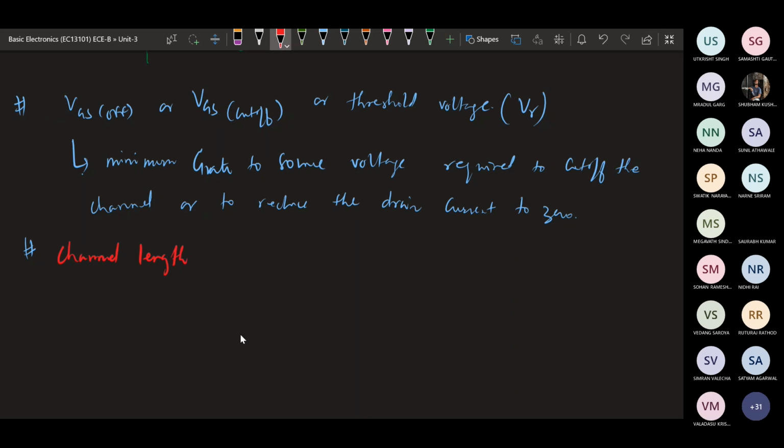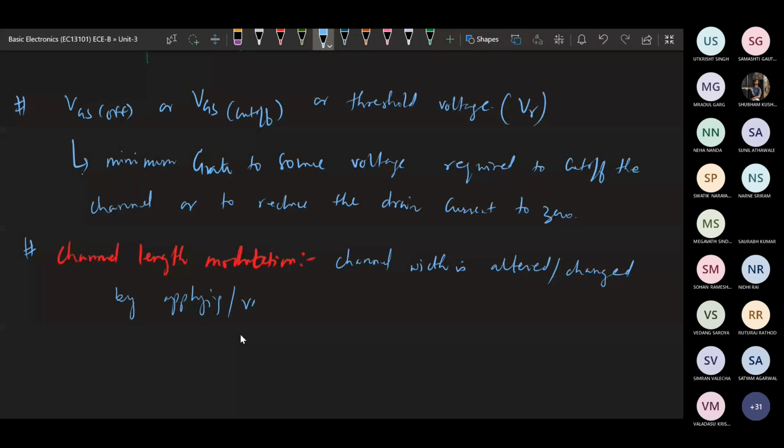So here the channel length modulation is basically the process where channel width is altered or changed by applying or by varying gate to source voltage.